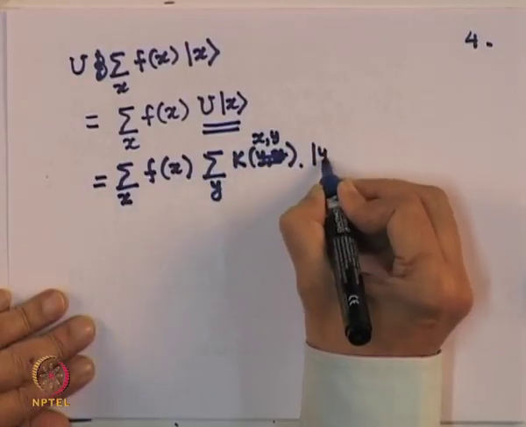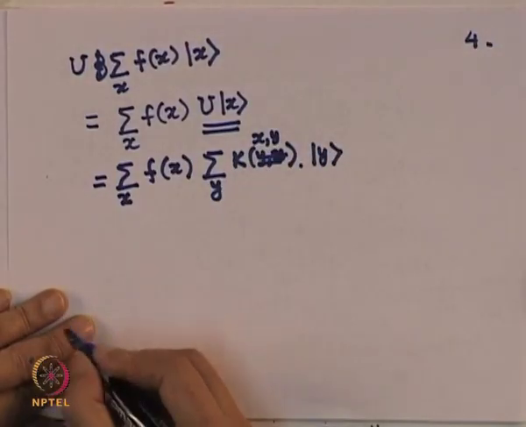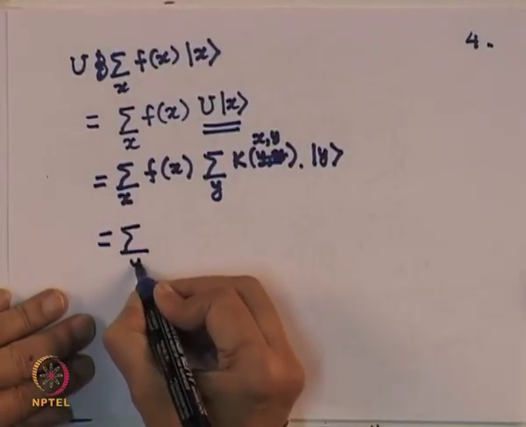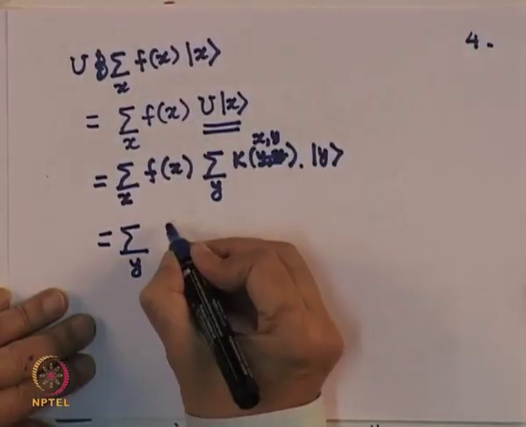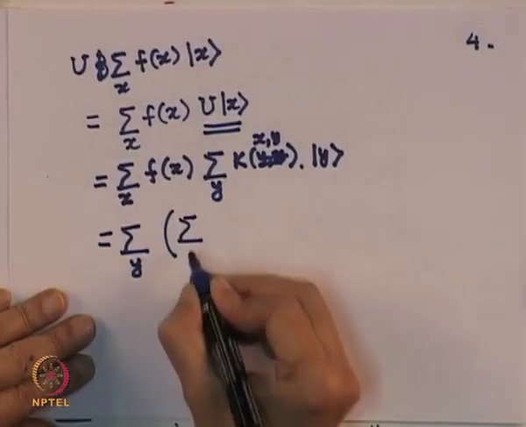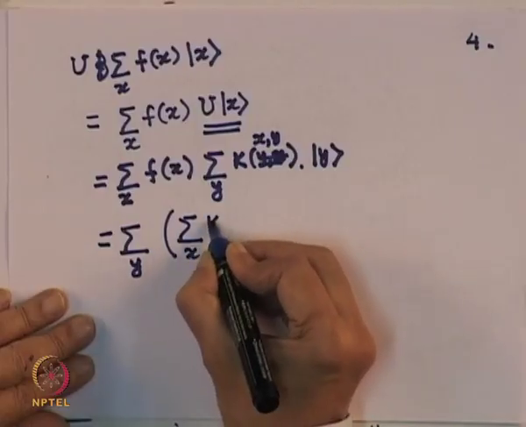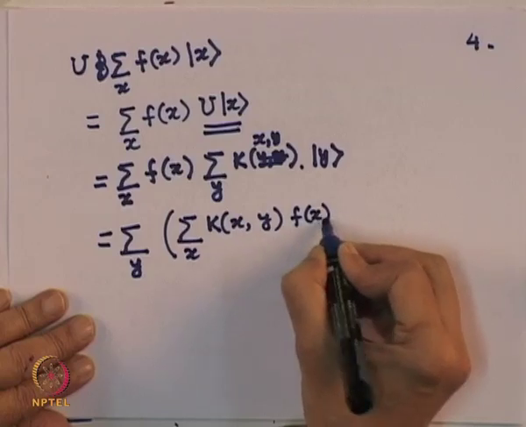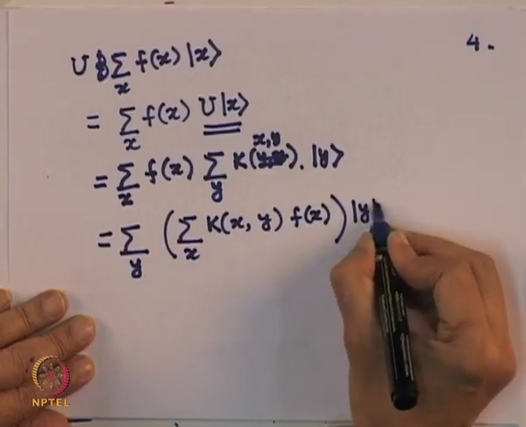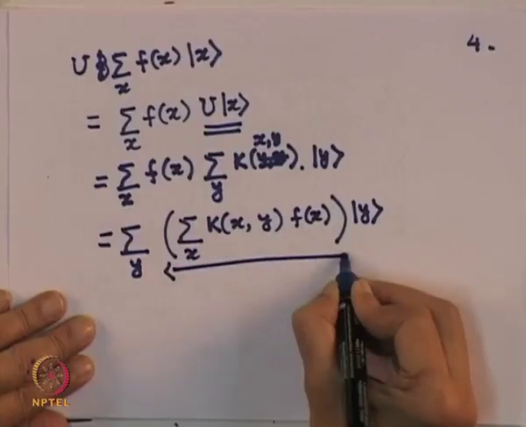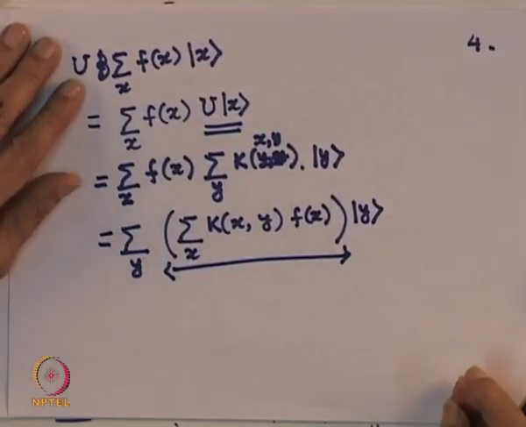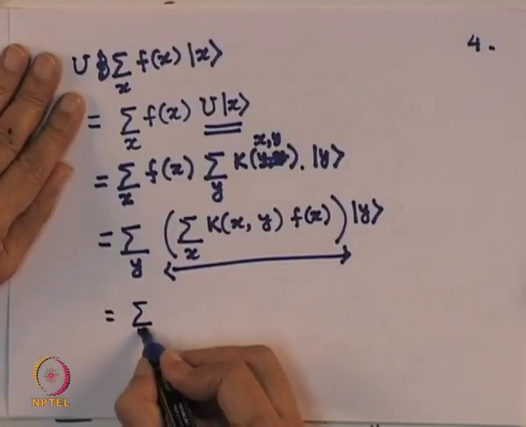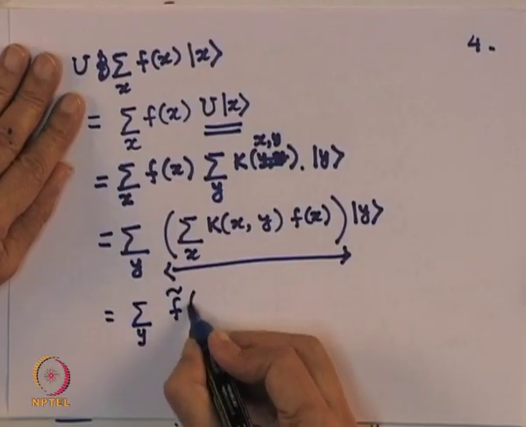Because these are finite sums, I can without problem interchange them, and so I have the sum over x of k_{xy} f(x) times y. But if you recall, this was precisely my definition of the integral transform. So this is equal to the sum over y of f tilde of y times y.